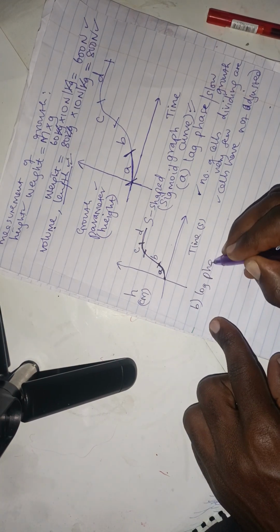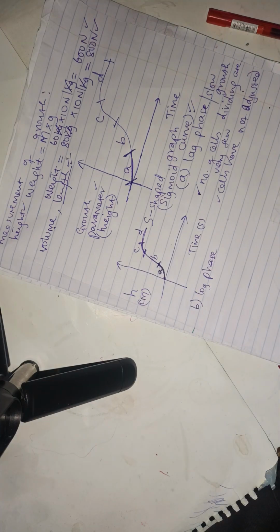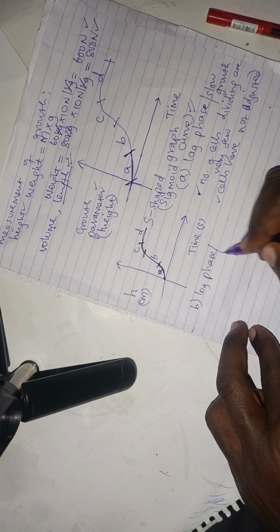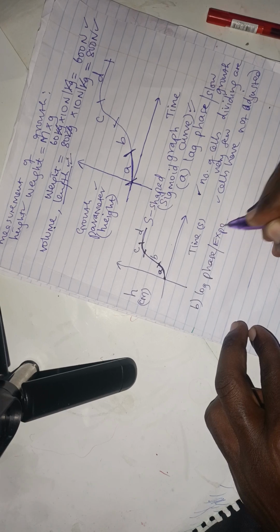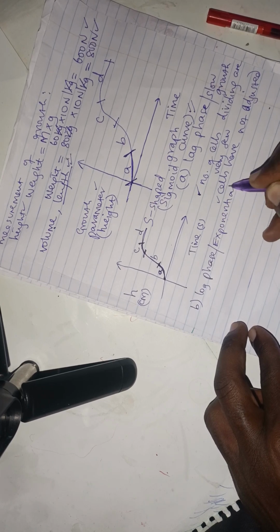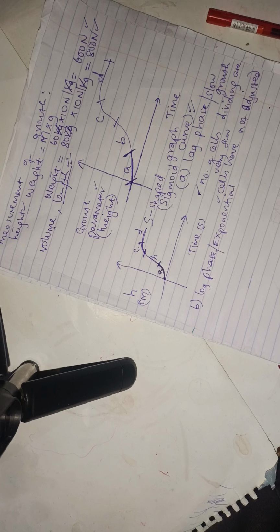Now, part B, we have what you call log phase. I think if you remember, there's a topic in mathematics called logarithm. That means there's a progressive, sequential increase in the number of cells. So log or exponential phase.